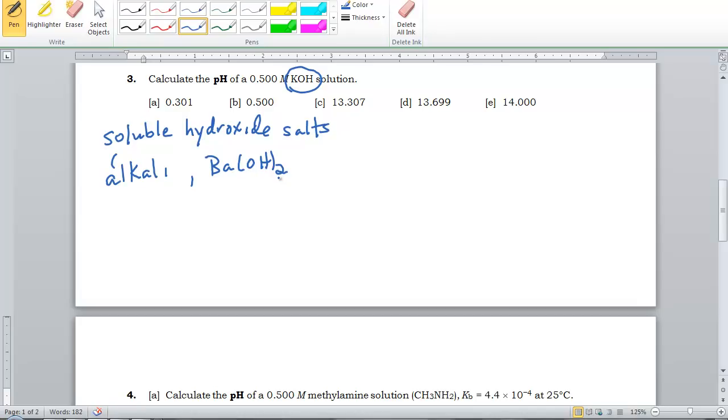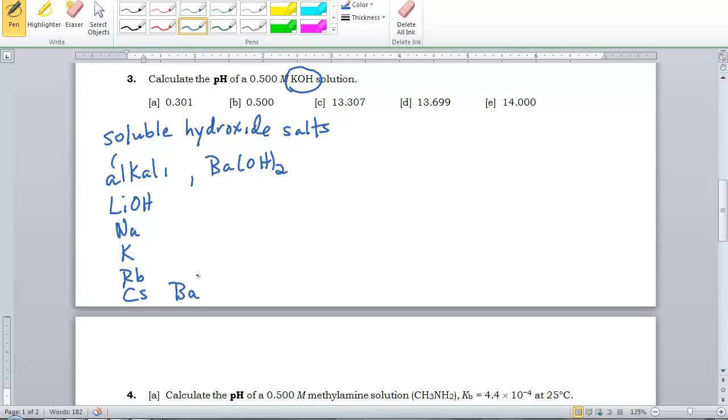So essentially there's only 6 strong bases. All the alkali metal hydroxides, so go down the list: lithium hydroxide, sodium hydroxide, potassium hydroxide, rubidium hydroxide, and cesium hydroxide. Then when you get down to cesium, make a right turn and come over to barium. And those are the 6.